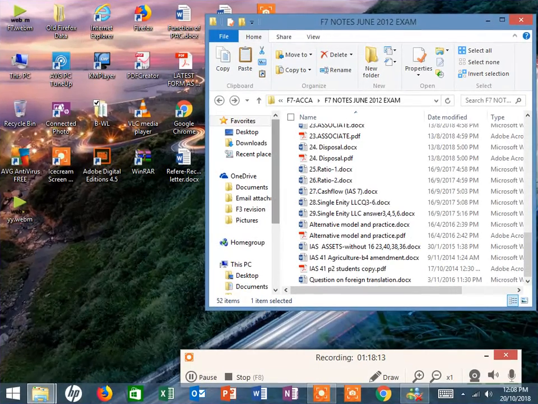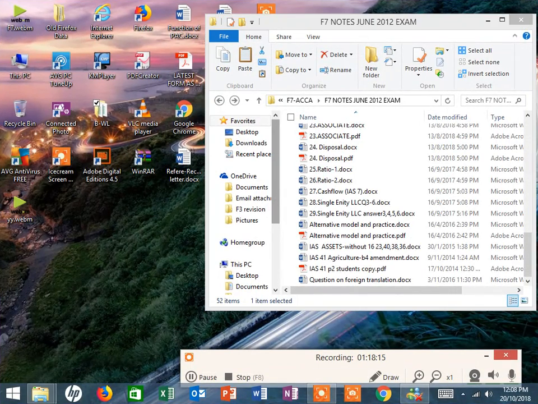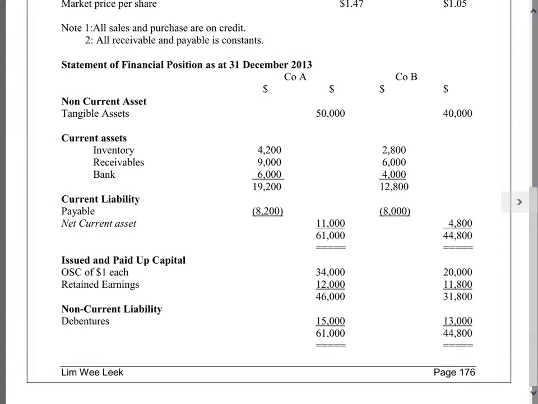Now we try to understand this. So we have asset minus liability equals equity, correct? What is equity again? We learned before. Is it your ordinary share capital?